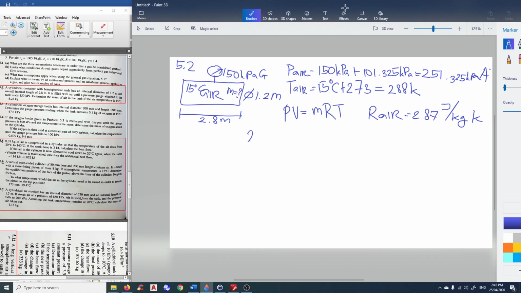So 251.325 kPa multiplied by the volume, which we need to calculate again, sorry, forgot. So the volume of the tank is quarter pi d squared times the length. In this case it's already in meters, so we don't have to convert it again. So 1.2 meter squared multiplied by 2.8 meter long.